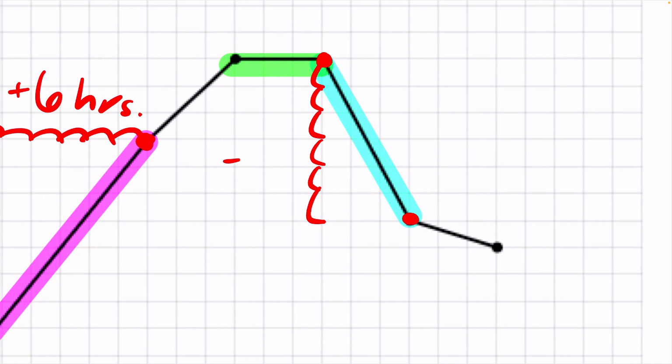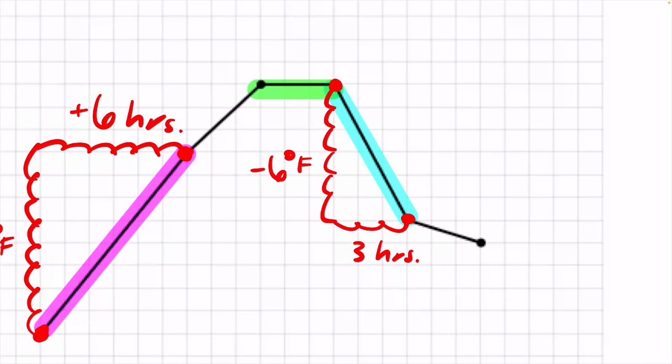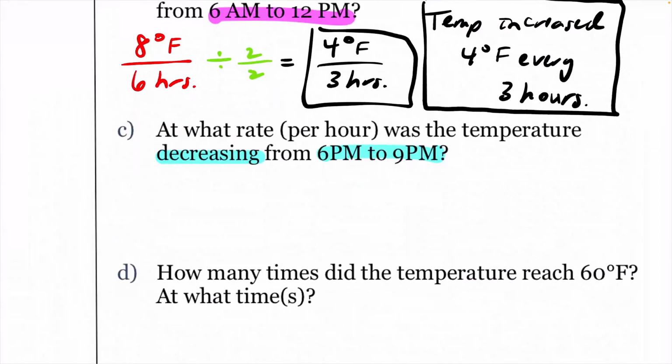So that's -6. Since I went down, it's -6. And what is that, degrees or hours? Degrees, right? So it's -6 degrees Fahrenheit. And then how long? 1, 2, 3 hours. Put them together. -6 degrees Fahrenheit over 3 hours.